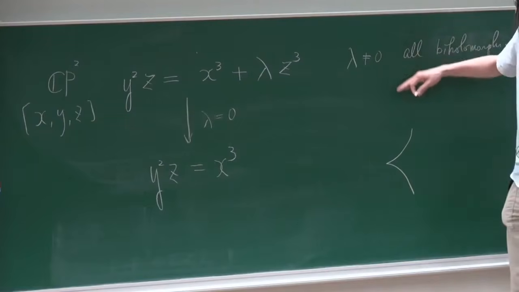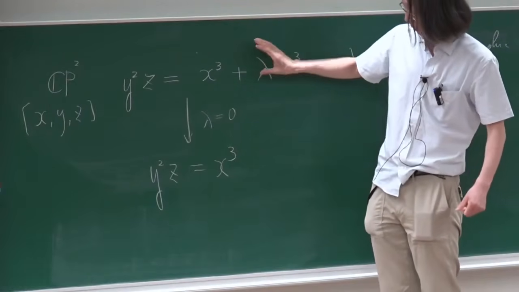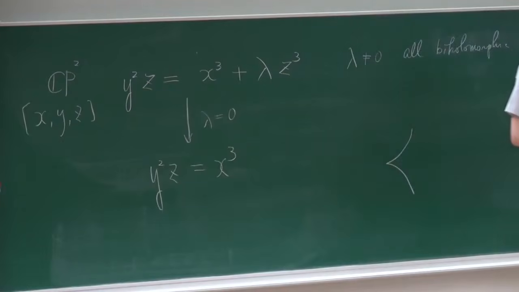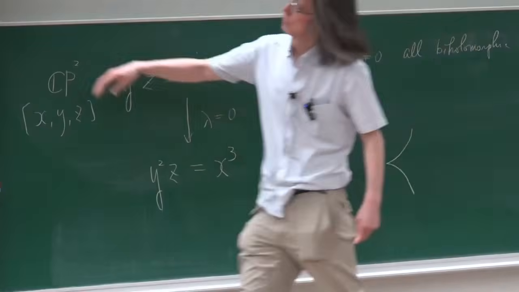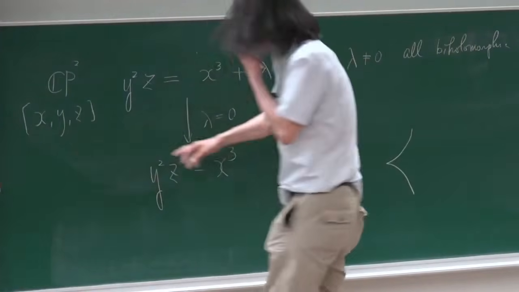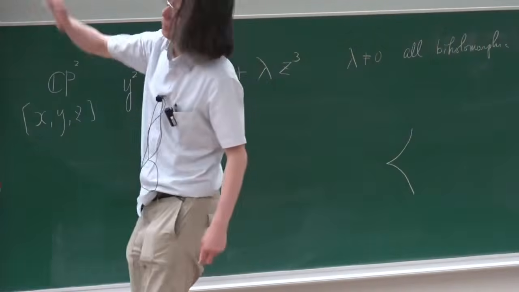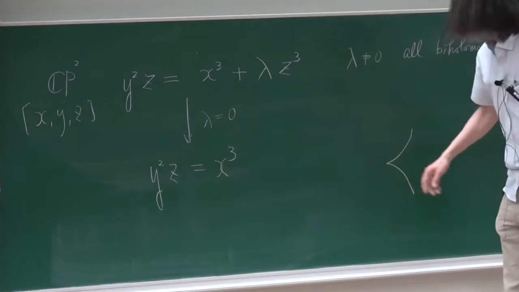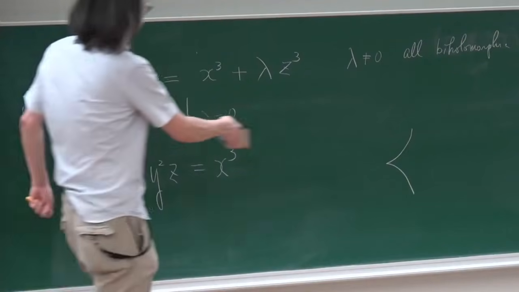So if you just look at this phenomenon, this elliptic curve and this cusp curve, then you may think that this doesn't really fit. But in fact, we don't really consider such a thing in this case. So certainly, we have to really discuss this.